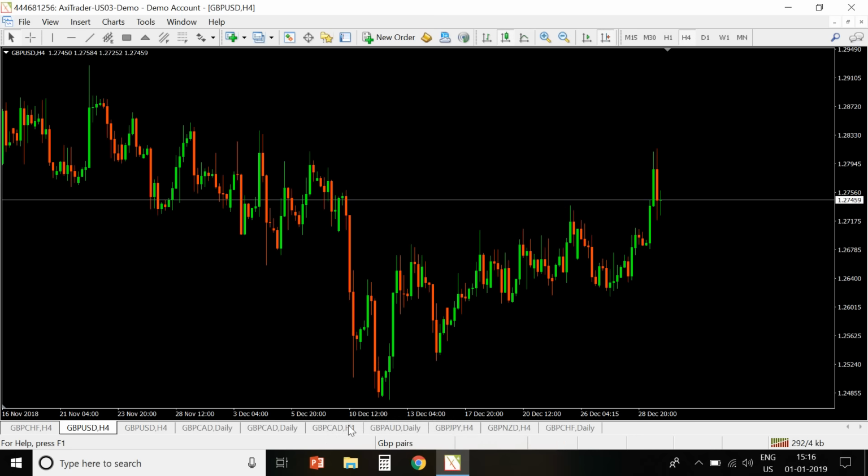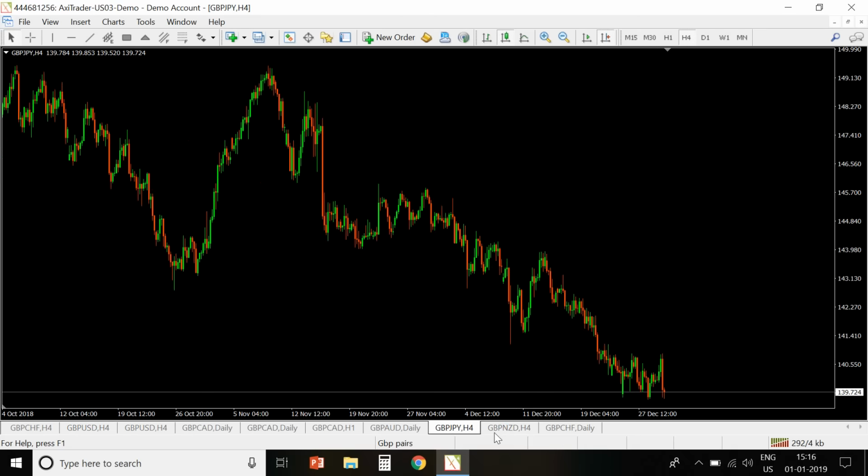I'm using multi-pair analysis here. Multi-pair in the sense that I'm going to trade GBP CAD, so I'm taking all the GBP pairs to correlate and see if we are in the correct direction. This will give you some good entries and good ideas and so much clarity that you can come to a decision.